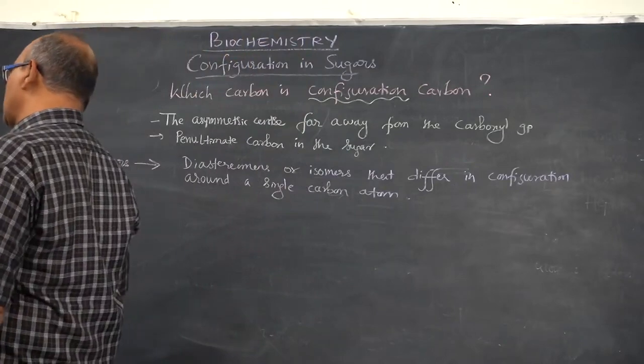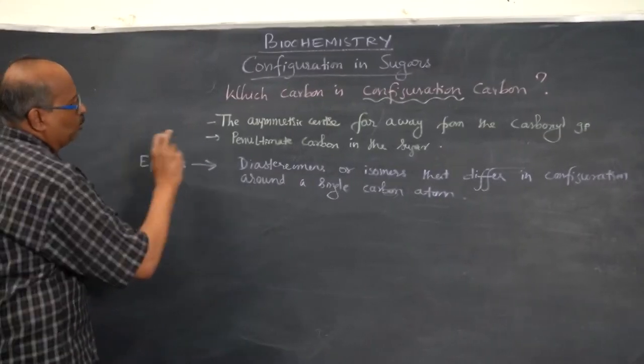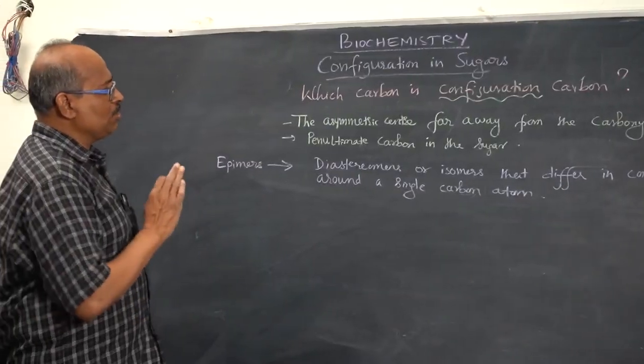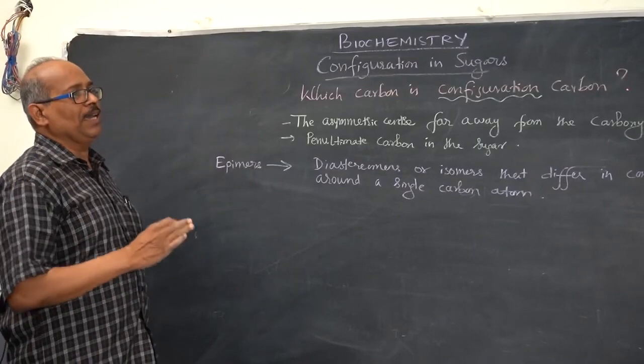You have enzymes called epimerases that will convert one epimer into another epimer. The conversion of an epimer into another epimer is called epimerization.